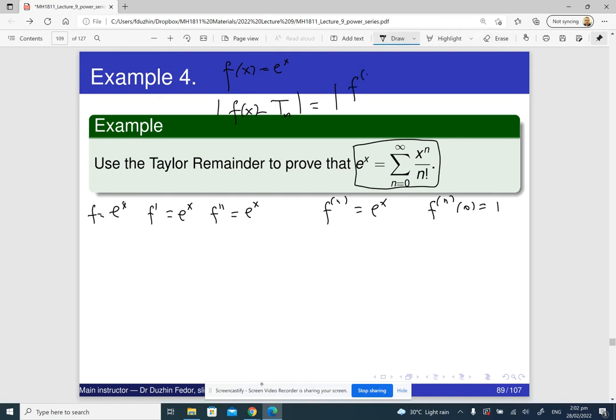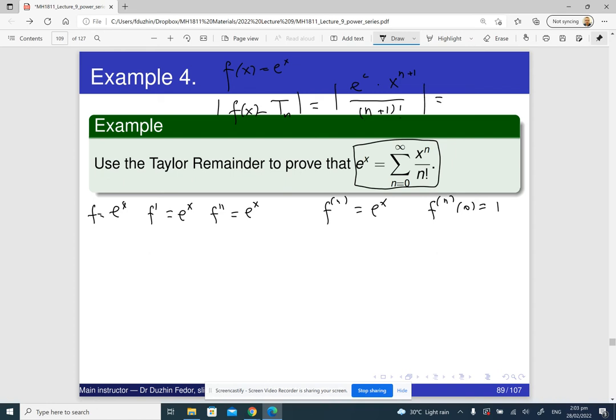The derivative of order n plus 1 evaluated at some point c, but the derivatives of all consecutive orders of my e to the x function are just e to the x itself, right? So it's going to be just e to the c times x to the n plus 1 divided by n plus 1 factorial.